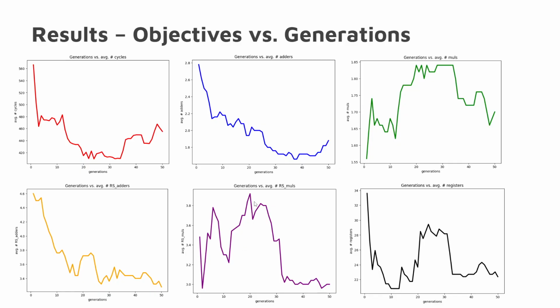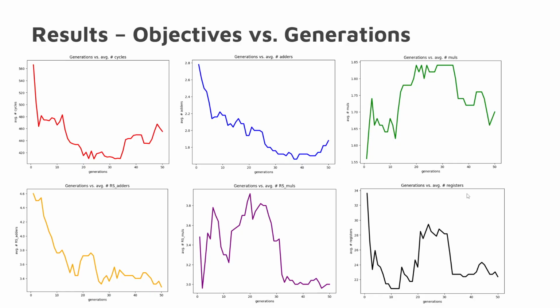is more spiky, volatile. It goes down and up a few times, but it ends up quite low. The number of multiplier functional units actually increases, has a general increasing trend. It does go up and down a few times, but it ends up higher than it was.